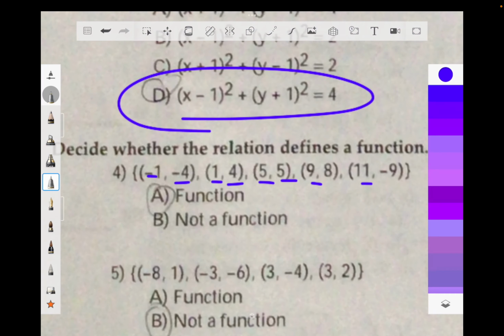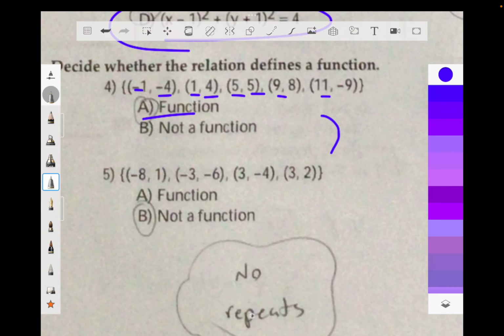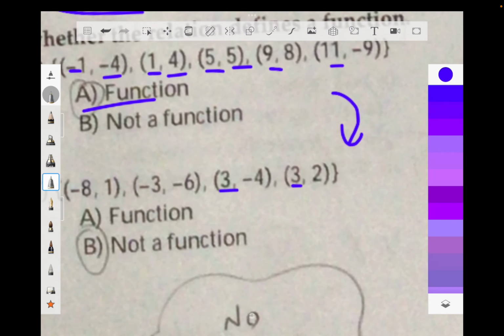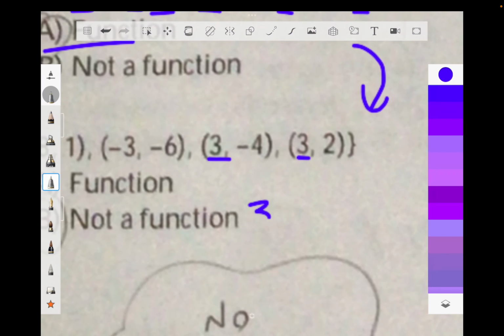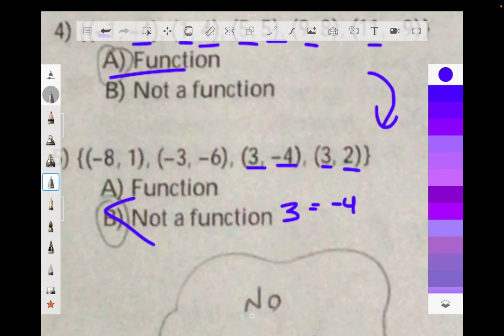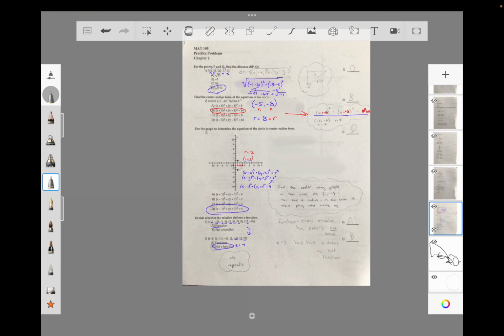So this one would be a function, but this wouldn't because it has two of the same x values, right? Or another way, 3 is both -4 and 2, so this is not a function.